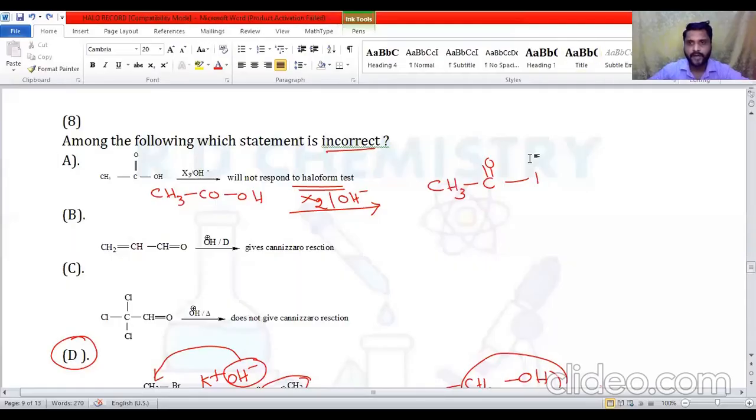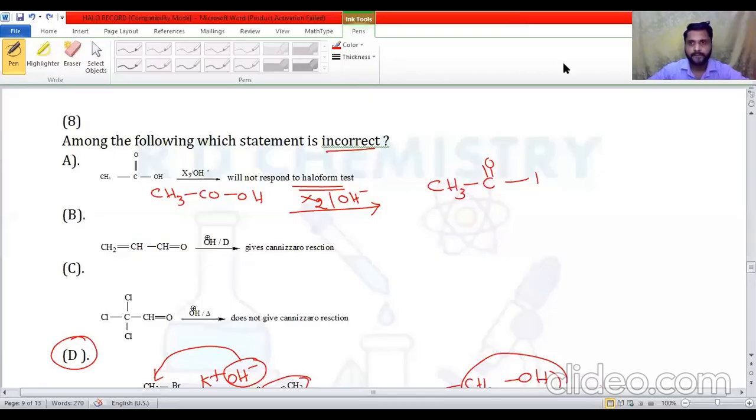And any other R group should be there. This R group can be hydrogen, an alkyl group, or an aryl group. There should be a methyl keto group to answer the iodoform reaction.